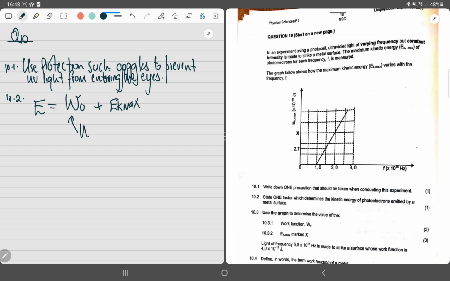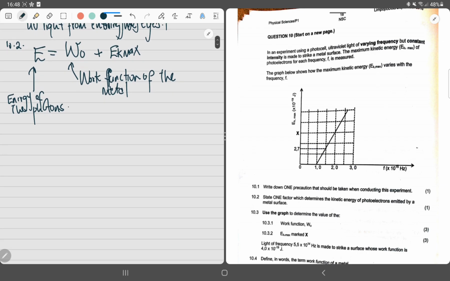It will be the work function of the metal, or the energy of the photons. So any of these two.